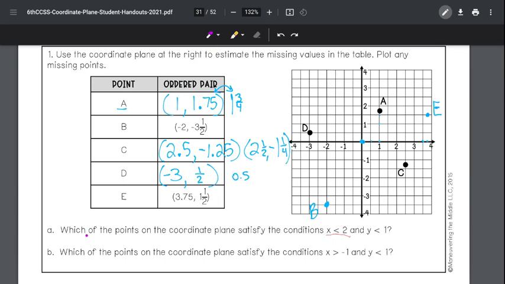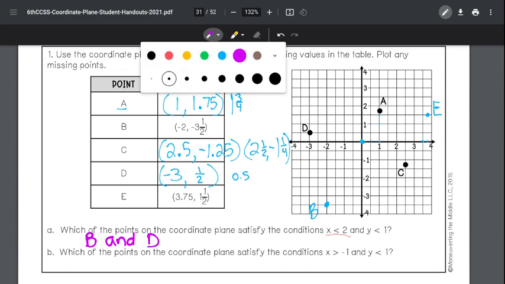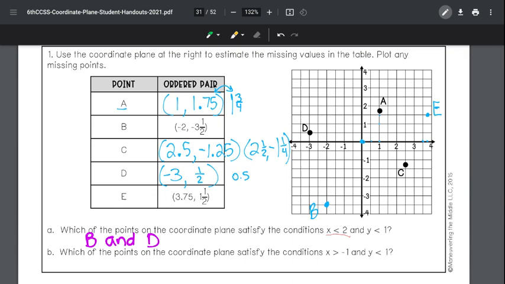Alright, so we said that was B and D. Now we've got a second example. Part B. Which of the points on the coordinate plane satisfy the conditions where x is greater than -1? Okay, x has to be greater than -1, which means all my x values have to be this way.